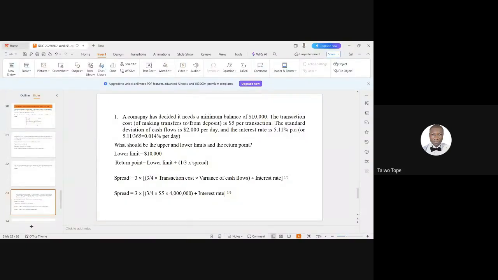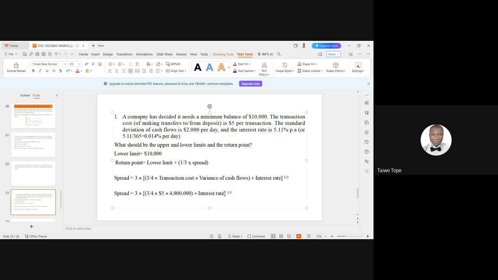If you look at the question, the transaction cost is $5 per transaction, the standard deviation of cash flow is $2,000 per day. It means you must match the cash flow with the interest in terms of day. If you are working based on year, then you match it based on year. But we are working based on days, and that is why we will use the interest per day.